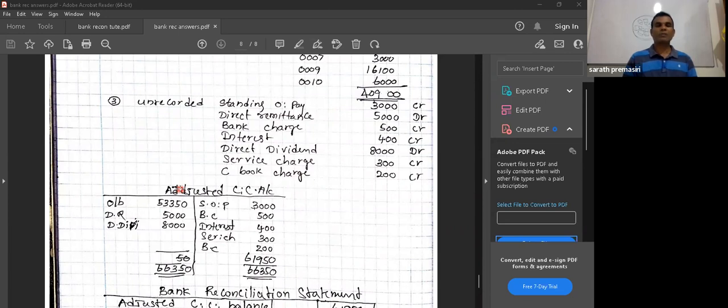Next one, issued yet unpresented checks. Third one, errors committed by the bank.